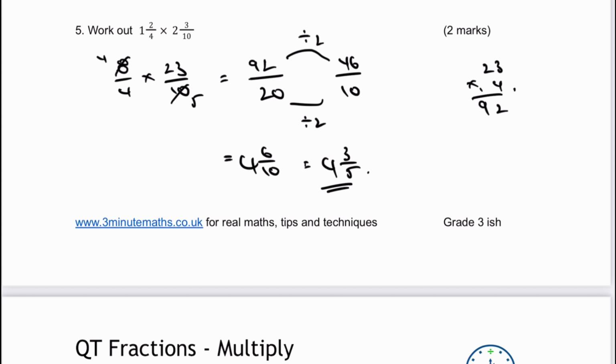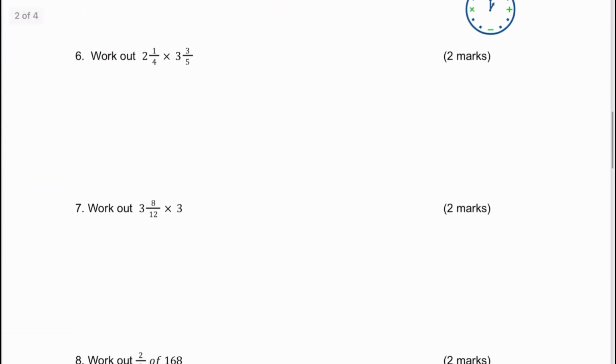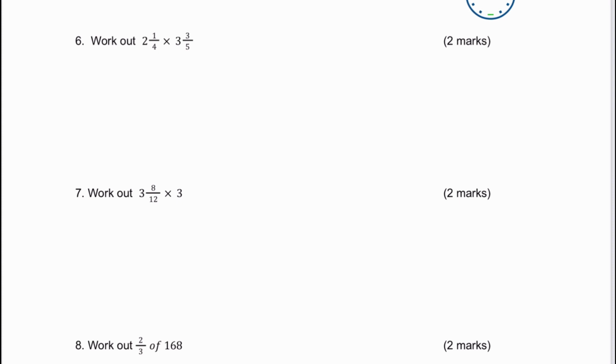Okay, so let's move on then to question number 6, and I'm going to use exactly the same principle. Let's see if there is any form of reduction we can do. If there isn't, then that's perfectly fine as well. Okay, so 2 times 4 is 8, plus 1 is going to be 9 over 4, multiplied by 15 plus 3 is going to be 18 over 5.